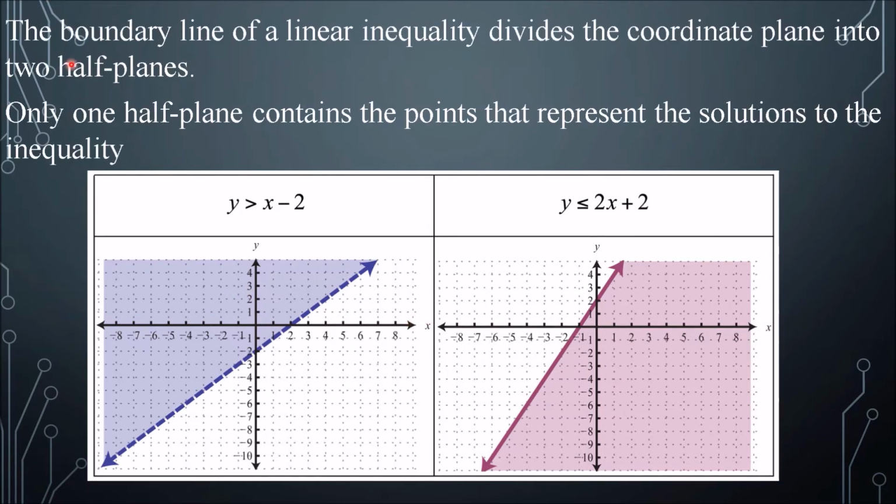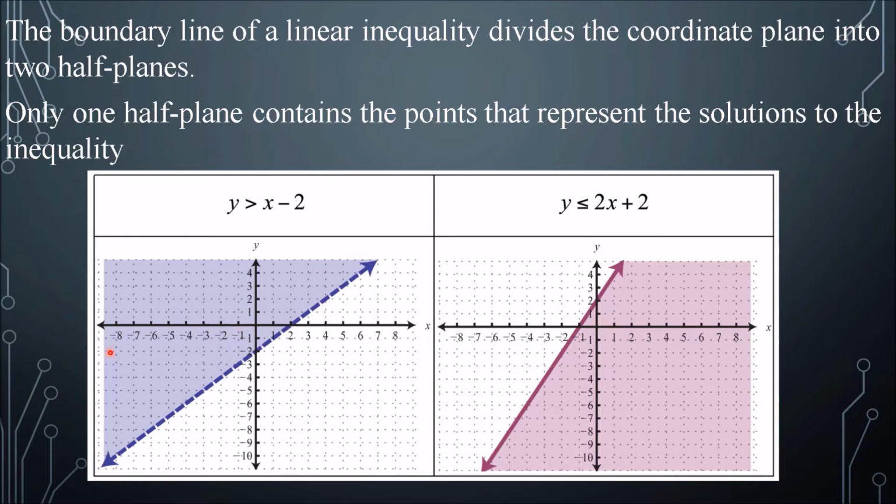Now, the boundary line of a linear inequality divides the coordinate plane into two half planes. So meaning to say, when you graph this one, you have the upper part and the lower part. So you divided the plane into two. Only one half plane contains the points that represent the solutions to the inequality.